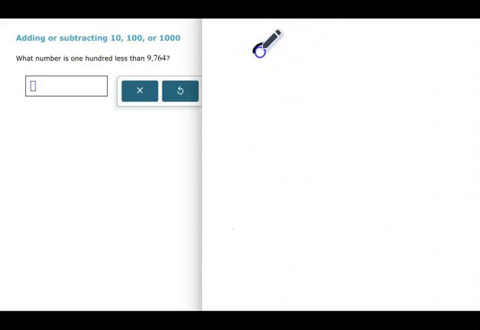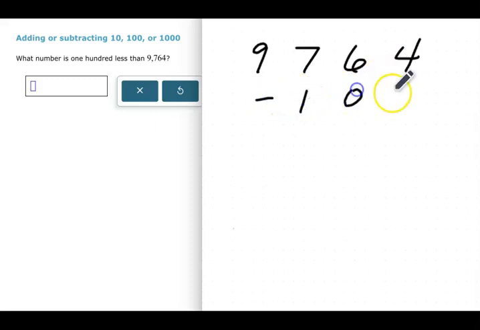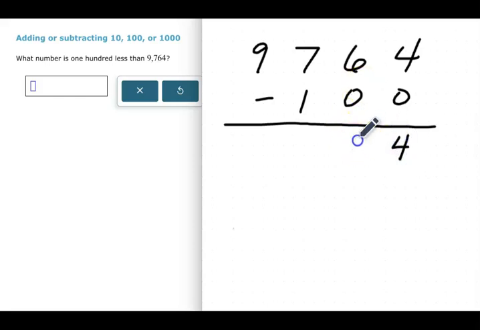Let's try another one. Now this one here, 9,764, we want a number that is 100 less. Okay, so I'm just going to write it here just so you can see it quickly. But notice when I write this out, the 4 doesn't change. 4 minus 0 is 4. 6 minus 0 is 6. 7 minus 1 is 6.